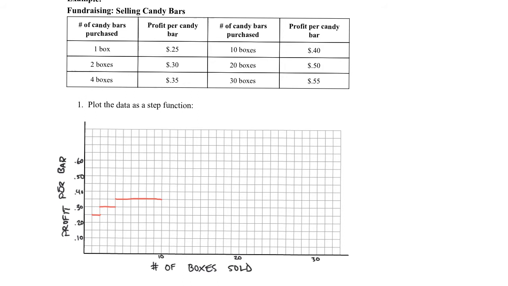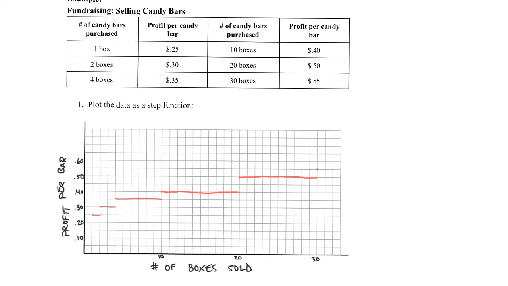And then at 10, I jump up to 40, and that goes all the way to 20. And then at 20, I'm sorry, at 20, I jump up to 0.50, so 50 cents. And that's going to run to 30. And then at 30, I'm at 55 cents. Okay, so I'm just going to put a dot there. Okay, so this is what my step function looks like.